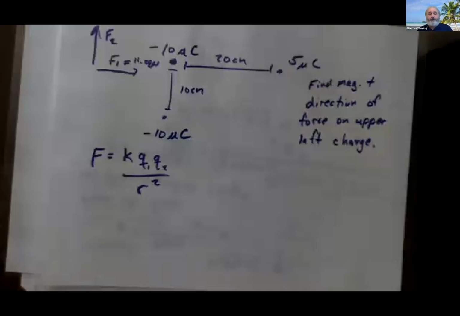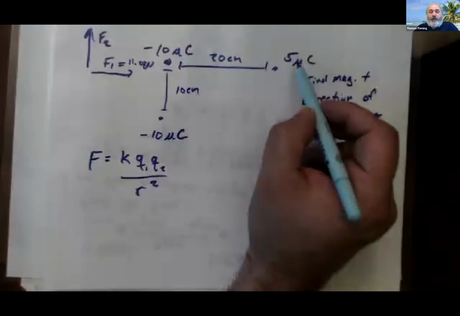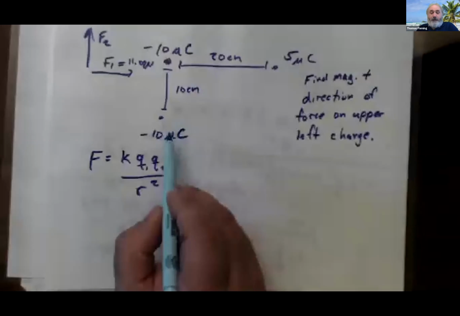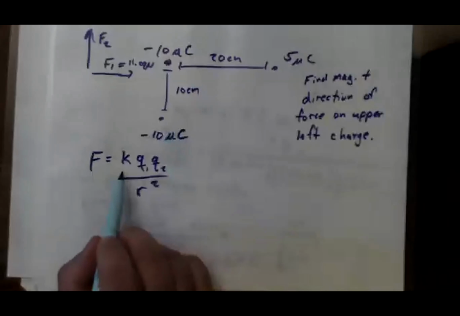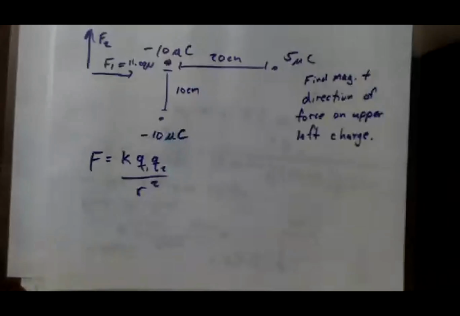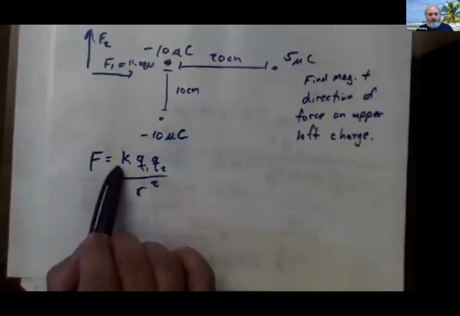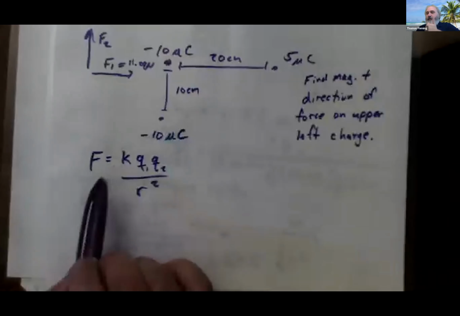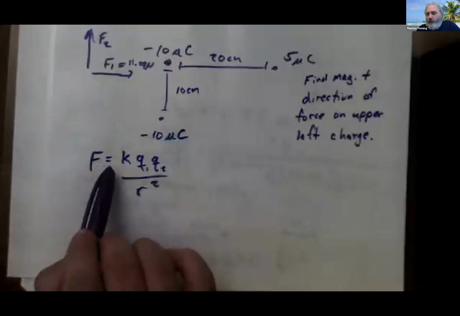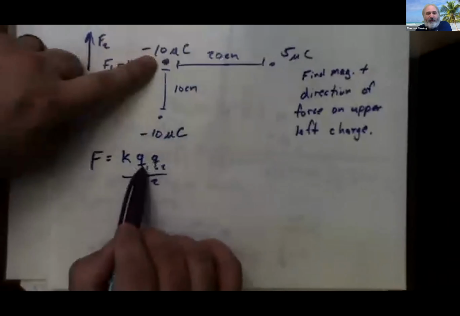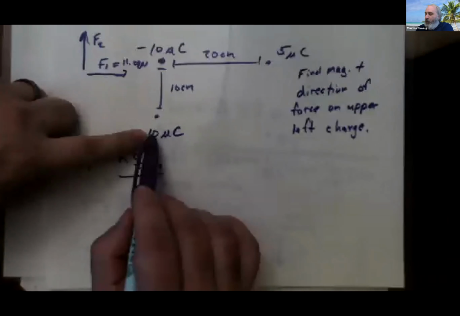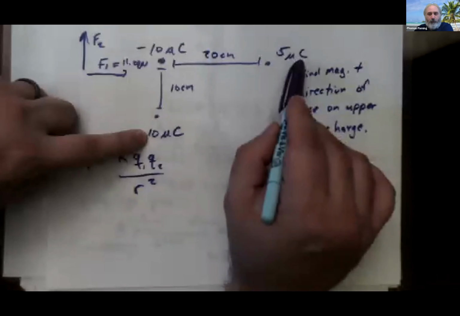Okay. Now, what changed? Well, instead of having 10 and 5 as my two Qs, I have 10 and 10. Well, K hasn't changed, right? So I'm taking the same K that we had before, and I'm multiplying by one of the same Qs as I had before, but the new Q2 is twice as big as the old Q2.